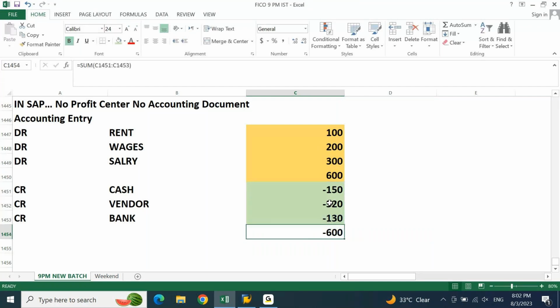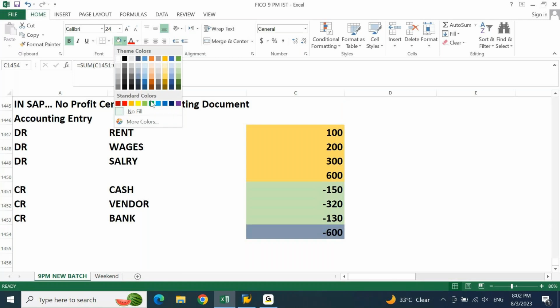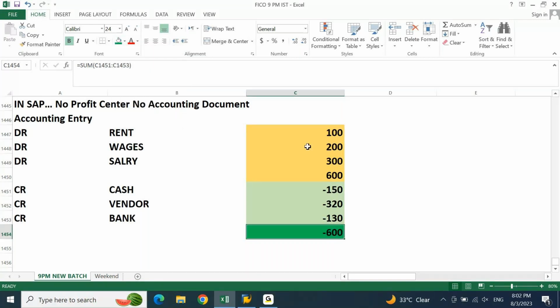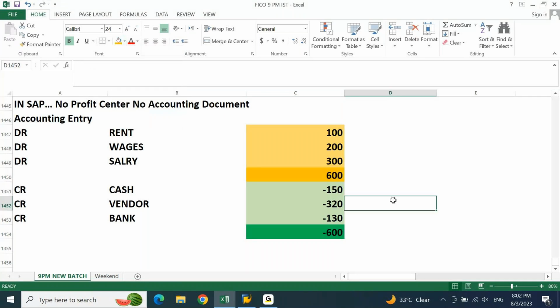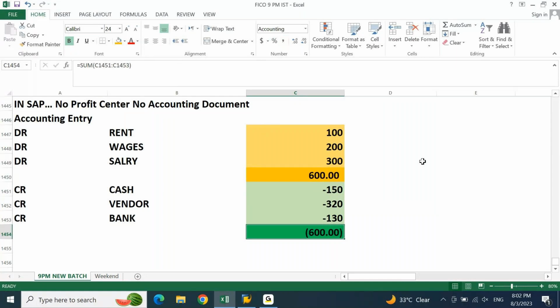My total debit is 600. My total credit is 600.